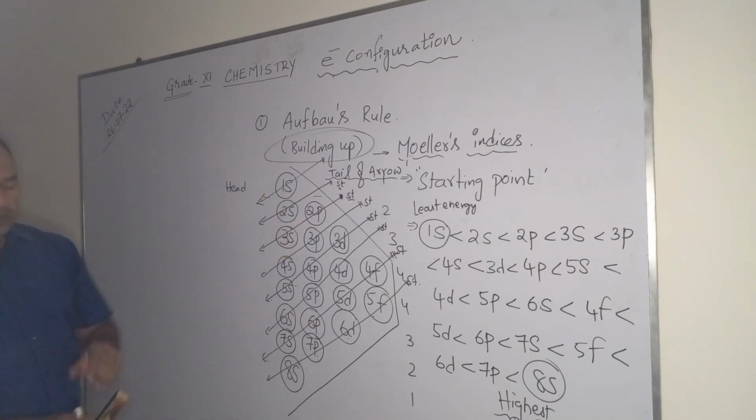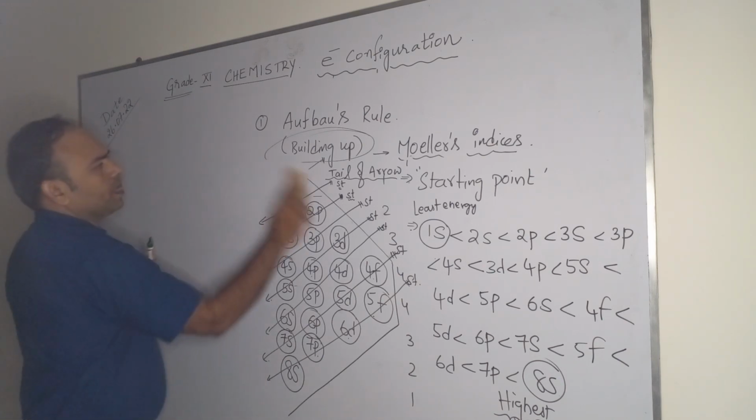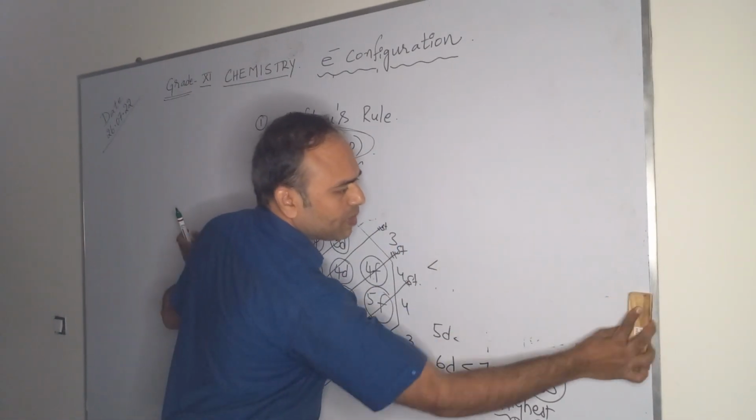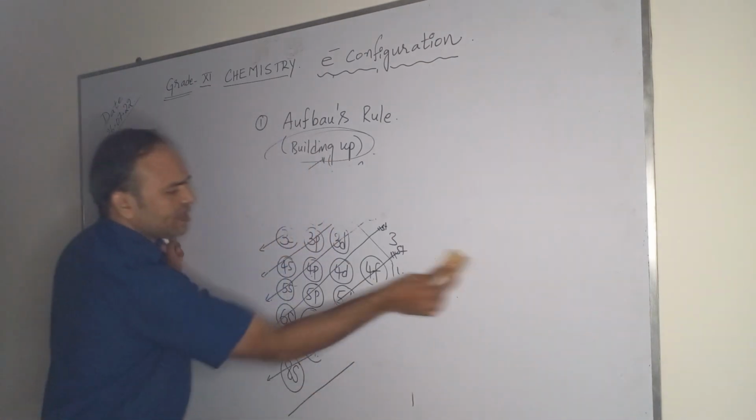Now, you know how to draw the energy of orbitals using Euler's indices. But what does Aufbau's rule say?